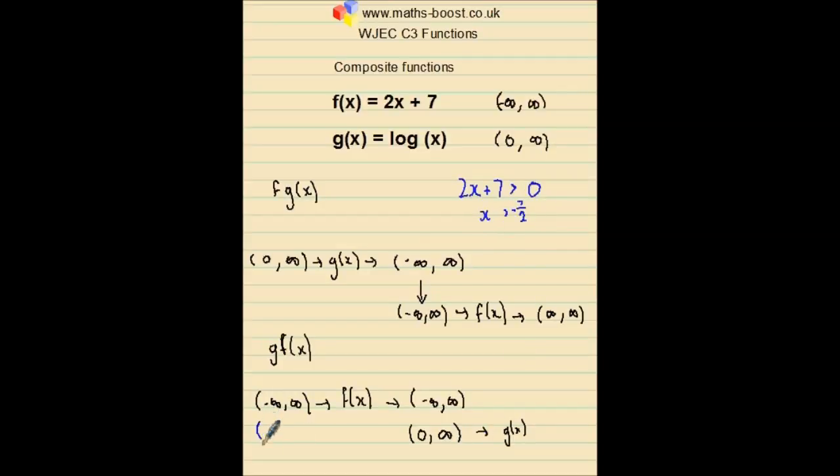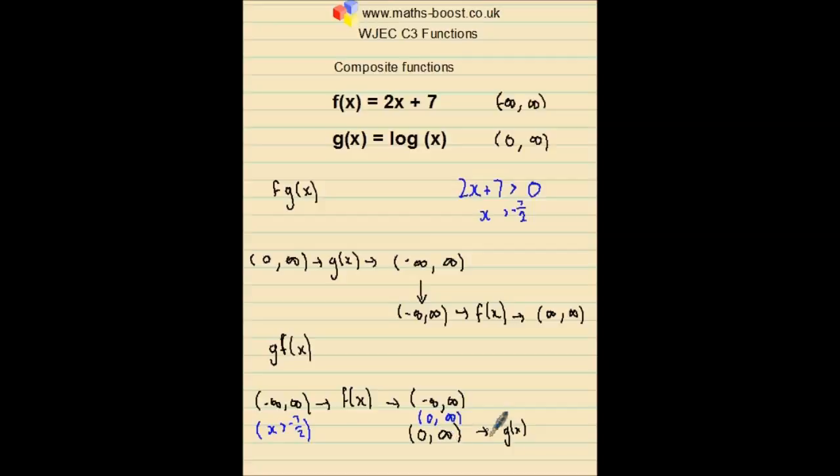I need to change this to x is greater than minus 7 over 2. And that being the case, if I feed any value greater than minus 7 over 2, then the new domain becomes between 0 and infinity, and so it matches.